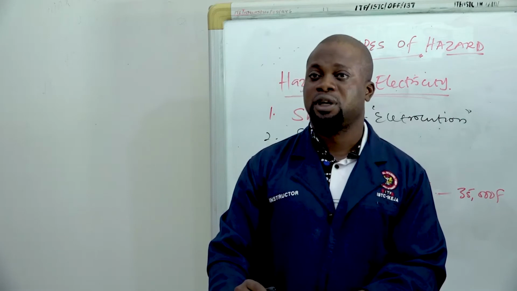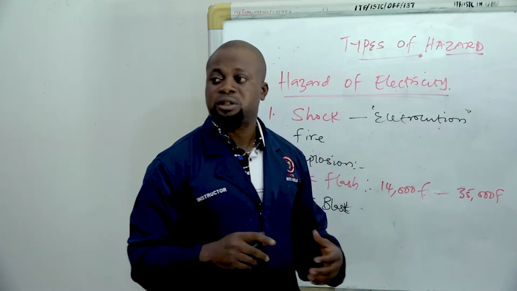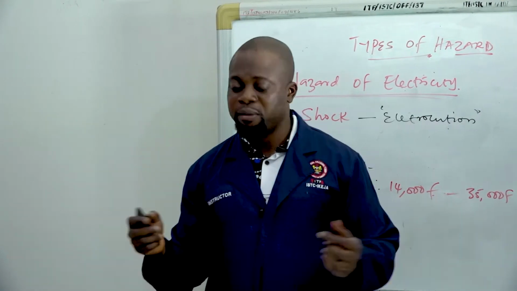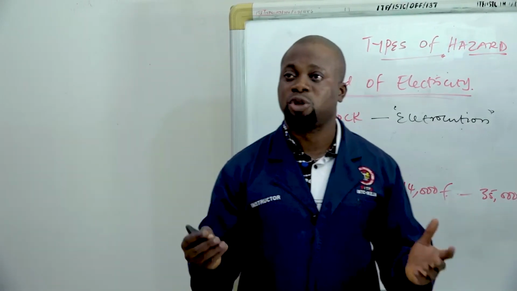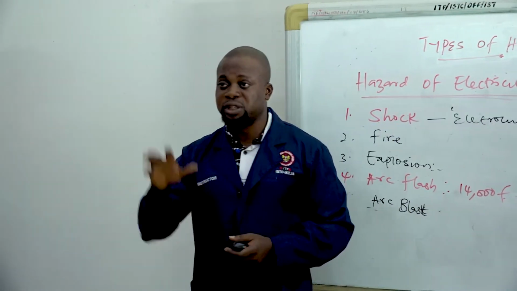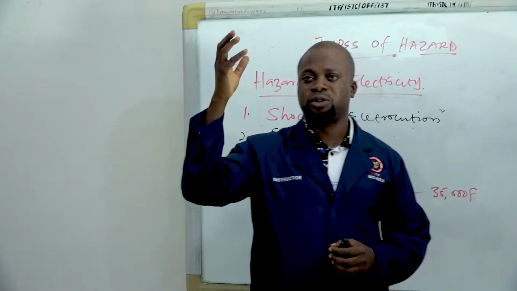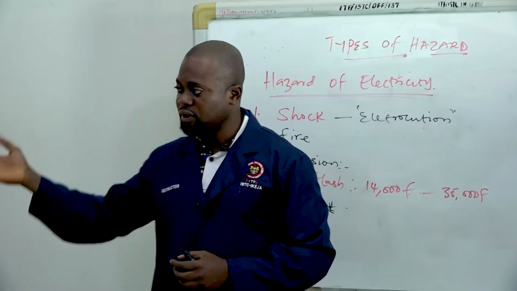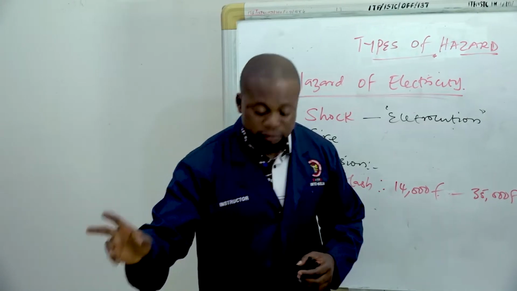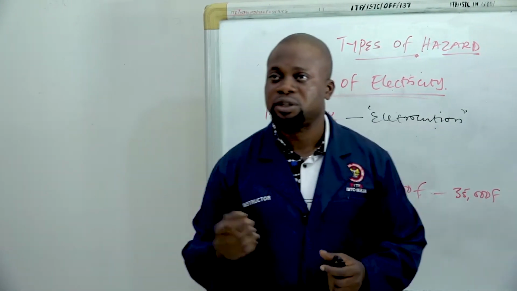Also, shock occurs when the body becomes part of the circuit. Current will enter through our hands when you're carrying out the job, pass through your hands and leave through the ground. When there is easy access, you will receive a shock.